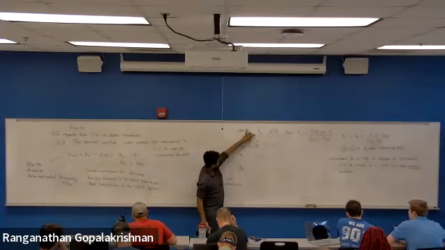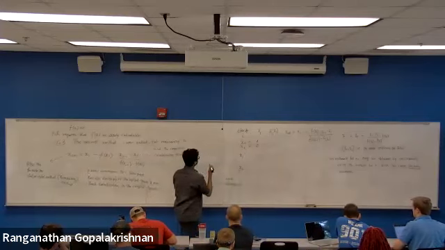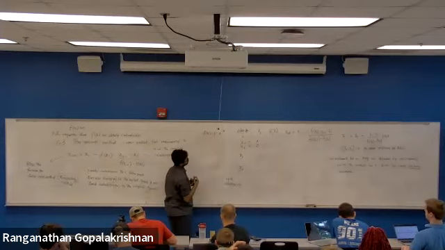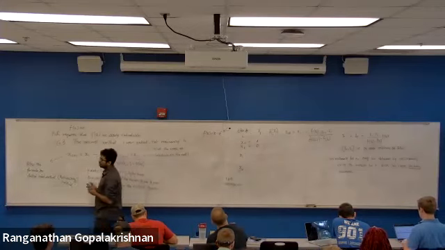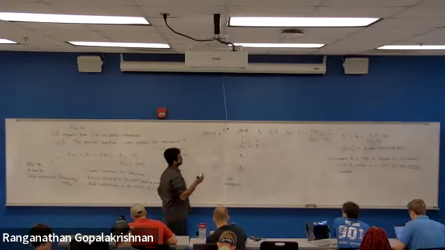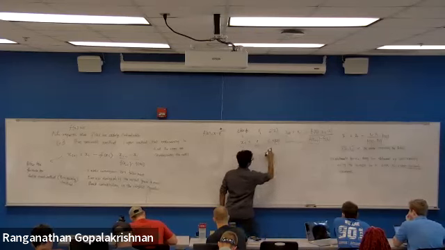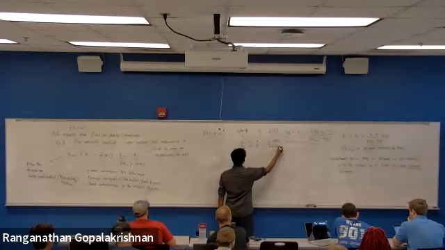So if x is 1, what will be f of x, where f of x equals x minus e to the power minus x? That's 0.6321. For x0 equal to 0, f is minus 1.